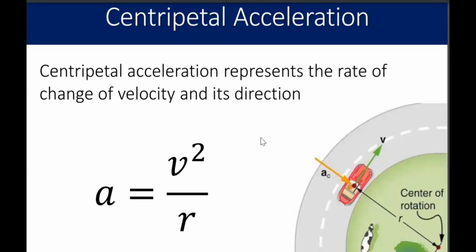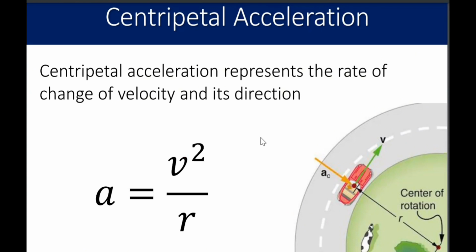Now, objects going around a circle will exhibit what we call a centripetal acceleration, which is due to the change in velocity in its direction. The linear velocity does not change for an object going in a constant circle, but its direction changes repeatedly. Because there is a change in direction, we have a change in velocity.